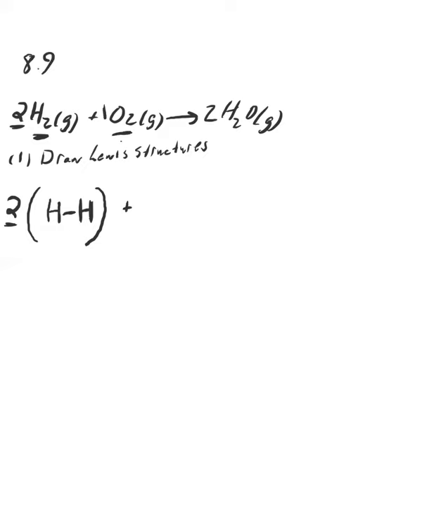There's only 1, so we just draw 1. I'm not going to go through the details of drawing these Lewis structures because we've covered that, and you're going to practice these and get good at them by the end of this chapter. So there's your O2, with the octet rule for oxygen. Same thing, but now we have 2 waters, so let me draw the Lewis structure for water. It looks like this.